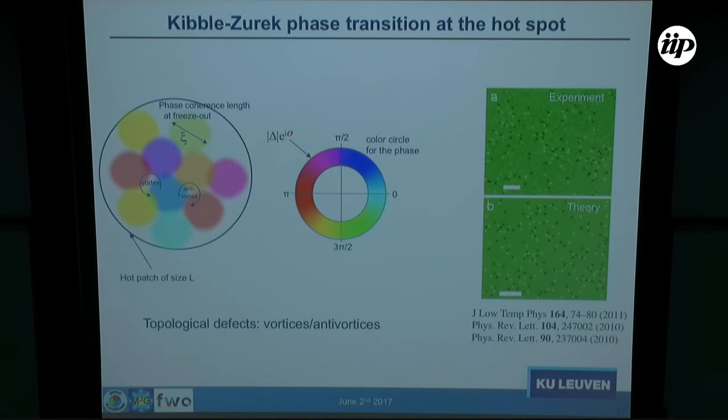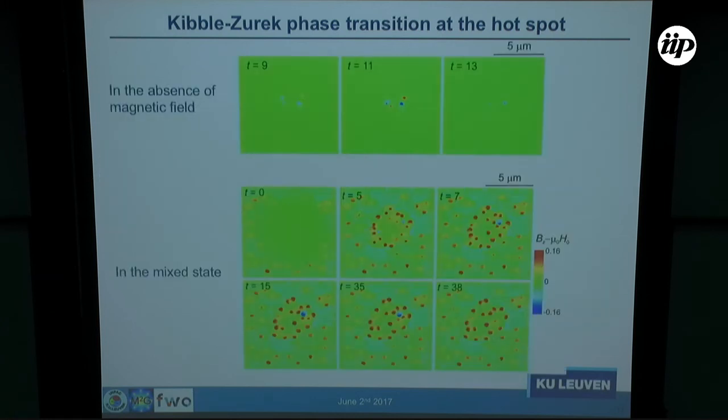From our simulations, we see that indeed some vortex anti-vortex pairs appear after switching off the tunneling. However, these vortex anti-vortex pairs only exist for a very short time, and then they combine, annihilate, and disappear.